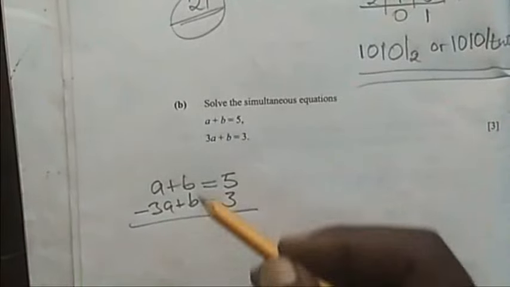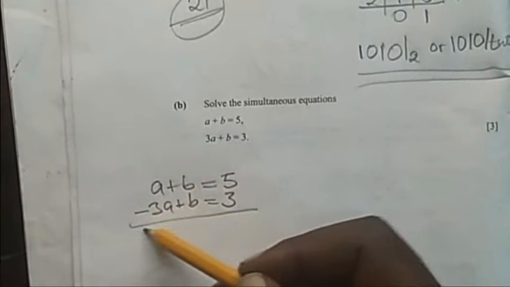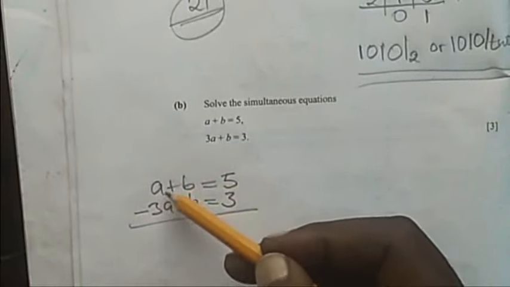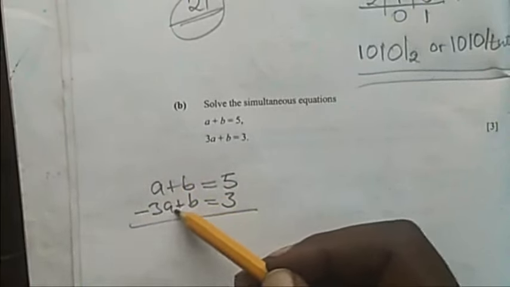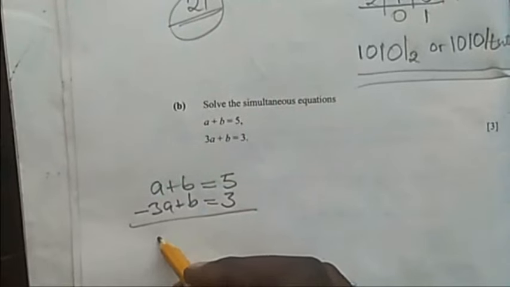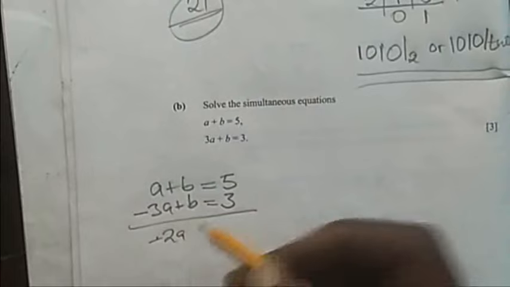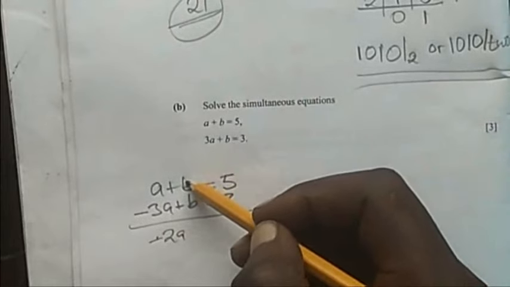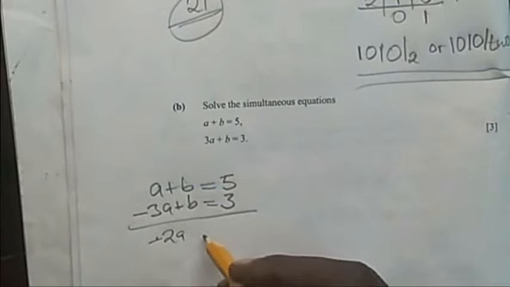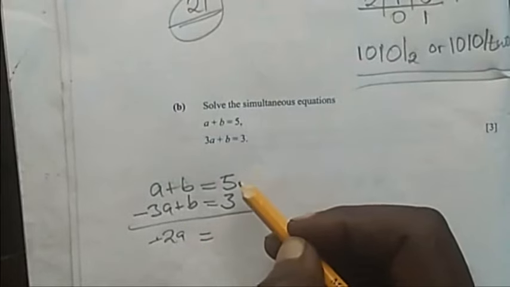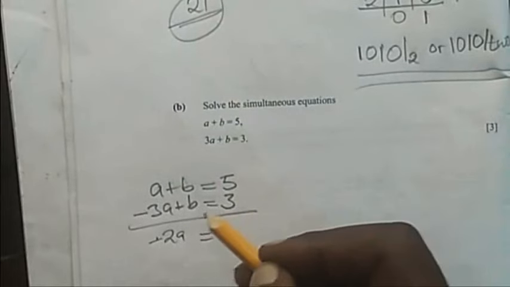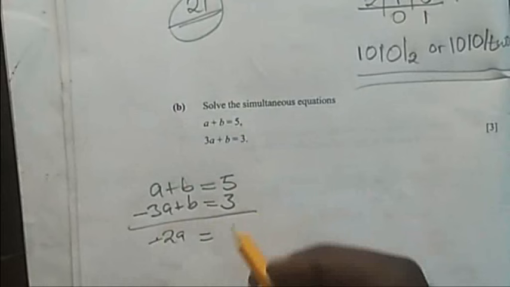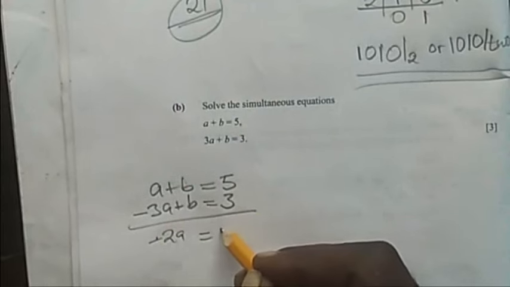Okay, then we start with a minus 3a, we're going to come up with negative 2a. Then these b minus b, that means they will be eliminated, then we remain with this. Then we're going to say 5 minus 3, that will give us 2.